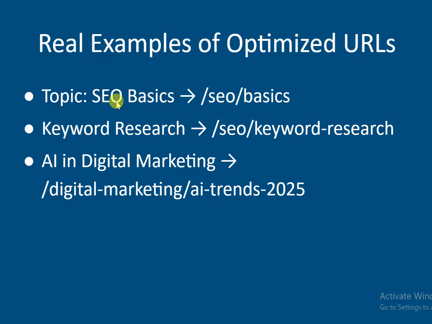Under that, in one topic you are going to cover basics, and in another topic you are going to cover keyword research. In the same way, if you are talking about digital marketing, then digital marketing is the subfolder. Under that, you are going to talk about AI trends in 2025. Any other topics will also come under this digital marketing subfolder only.